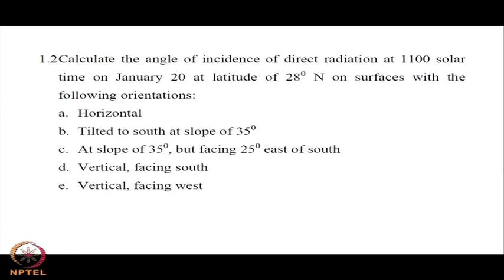So, naturally you can relate that the angle of incidence should be most favorable at around solar noon if it is towards south, and not so favorable, I mean larger, if it is off south, depending upon the time. If it is towards east, 11 o'clock will be better, and if it is towards west, maybe 2 p.m. may be better, right.